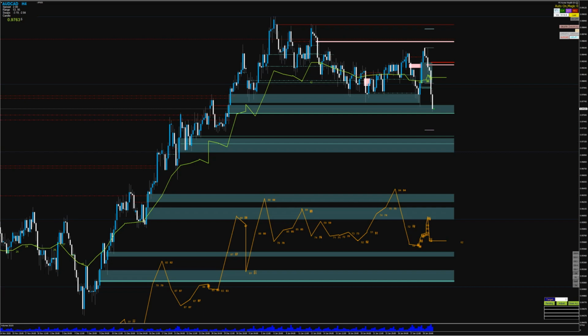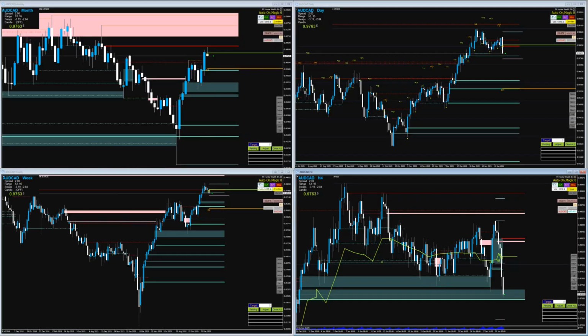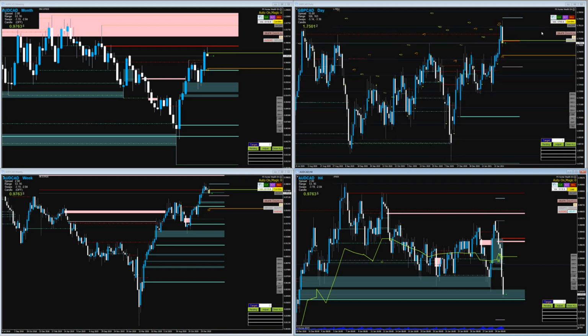So yeah, next one, I actually have as well the GBP CAD. We have seen this, and this one is going to be massive, right? Because check this.